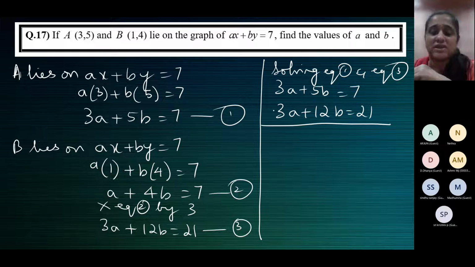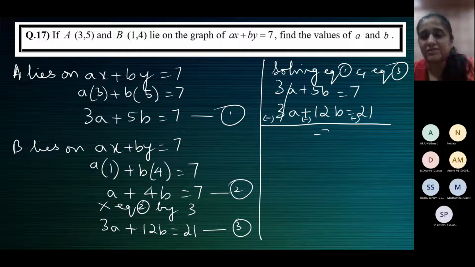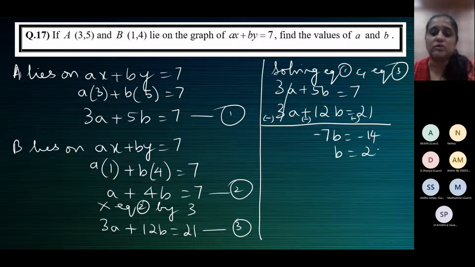So you have to change the signs. When you change the signs, plus becomes minus, minus becomes plus. Now 3A minus 3A is 0, so they get cancelled. 5B minus 12B is minus 7B is equal to 7 minus 21, which is minus 14. So on solving this, you get B is equal to 2.